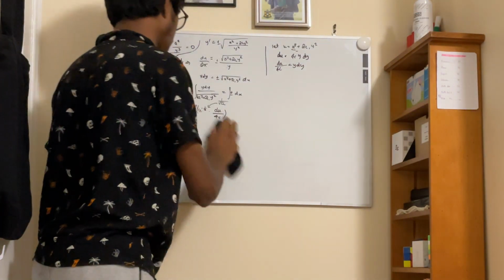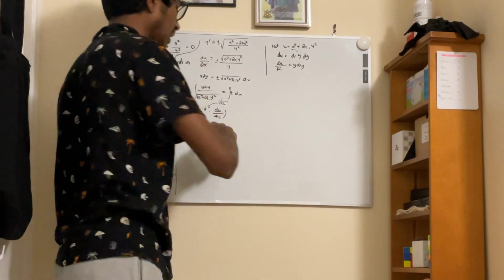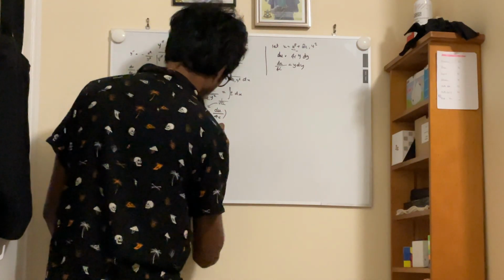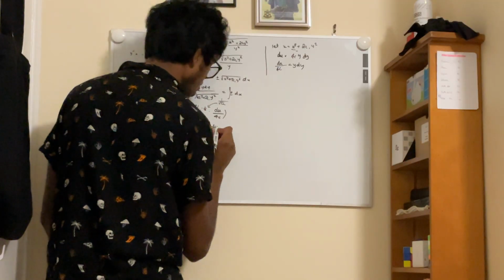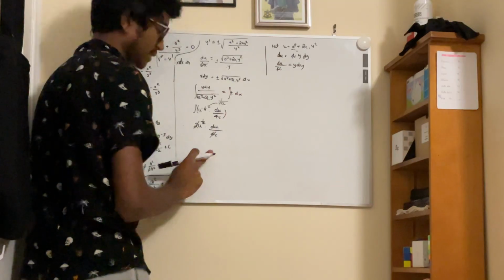Well, that makes sense. That's u to the negative half. When you raise it by 1, that's just equal to u to the half on 2 into du on 4c. Easy. And there it gets cancelled out.